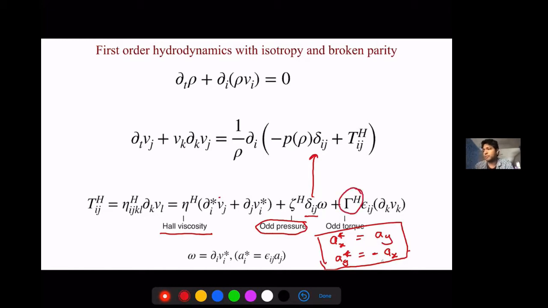And this odd torque is associated with the divergence of V. And I will explain in the next slide what the implications of having these coefficients are for fluid responses. And note that these are all first order responses, and I'm going to stick to the first order responses. Okay. Any questions so far?